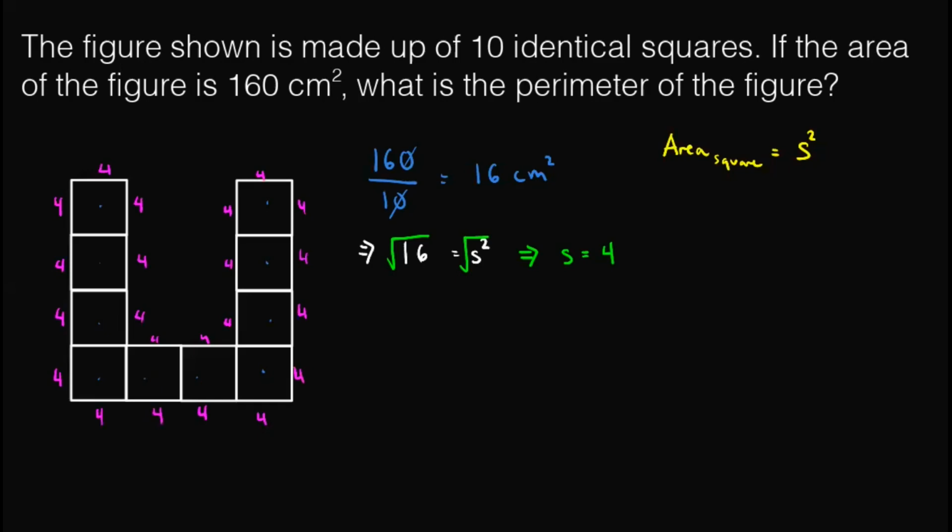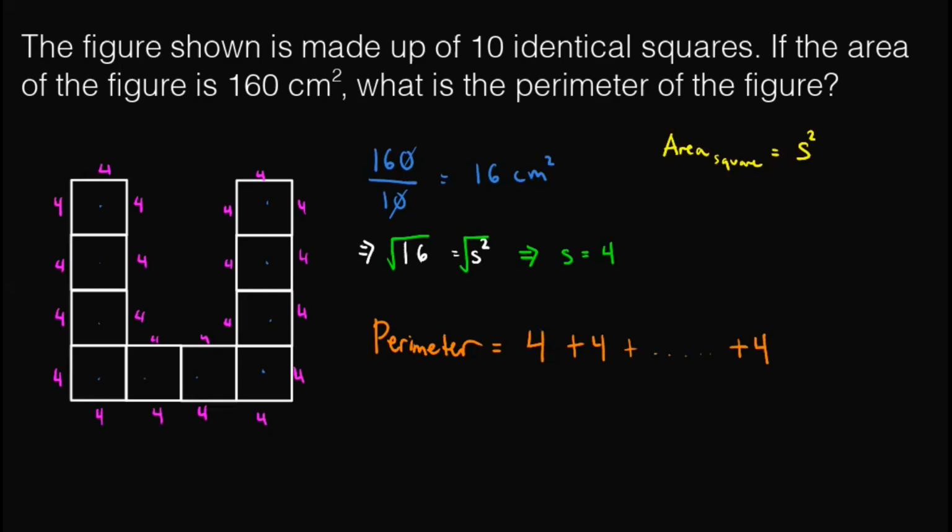And from here, we can now easily obtain the perimeter of this figure by simply adding every 4 out here until the whole. So the perimeter of this figure is given by 4 plus 4 up until another 4.